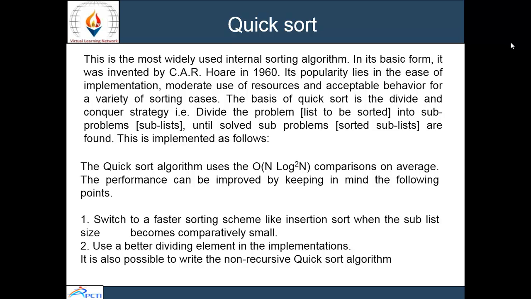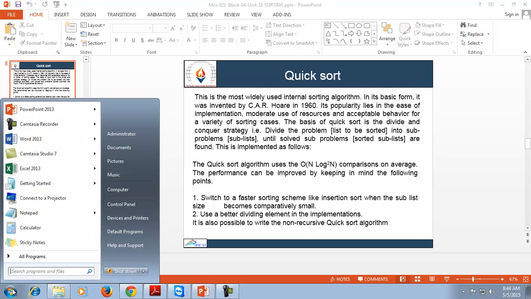The values less than the pivot will come to the left side of the pivot, and the values greater than the pivot will come to the right side of the pivot. Similarly, the next value will be taken as pivot, and the same process will be performed. I will give you an example of the process of quick sort.